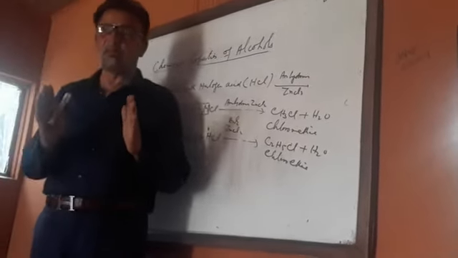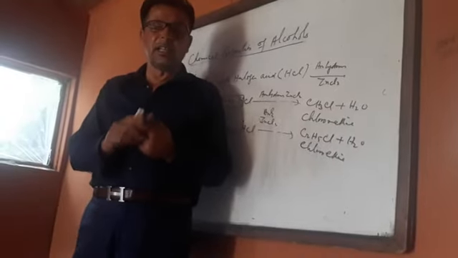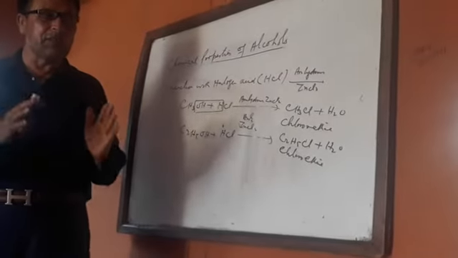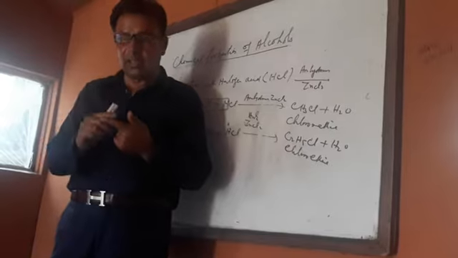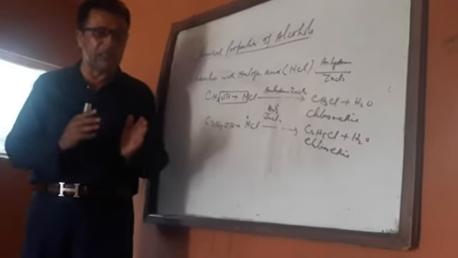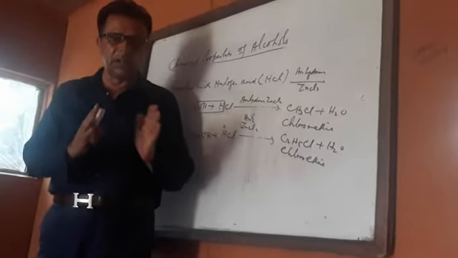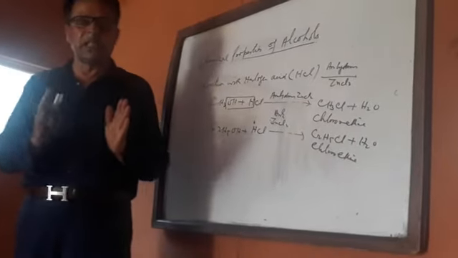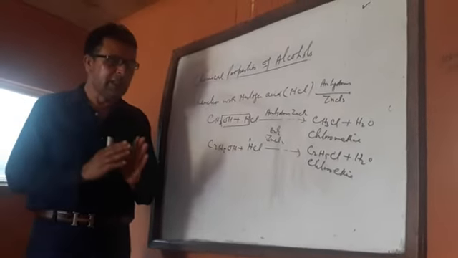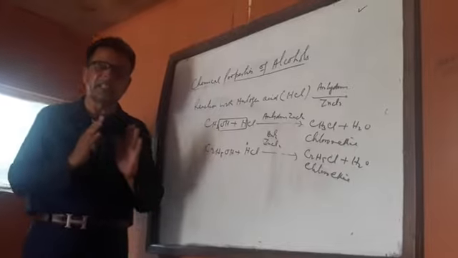Since oxygen is more electronegative than hydrogen, the shared pair of electrons is drawn more towards the oxygen. As a result, the bond between oxygen and hydrogen becomes weak and hydrogen is released. This shows that the alcohols are acidic in nature.